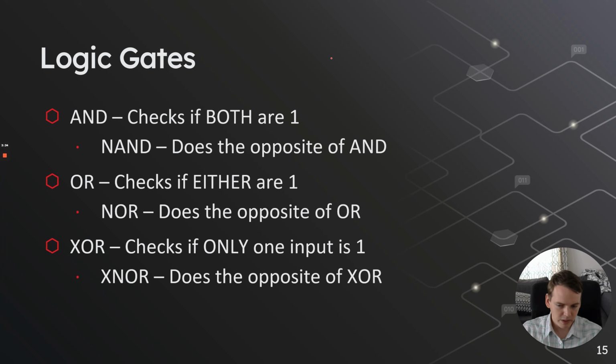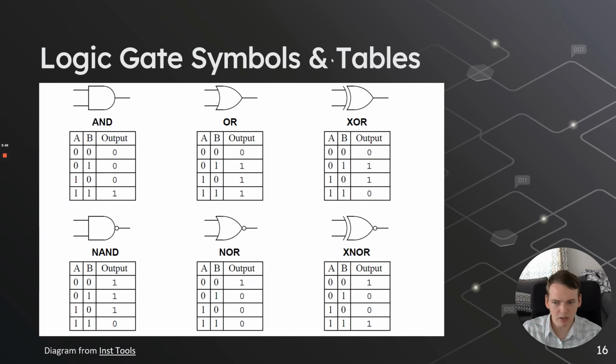And an XNOR gate, or a not exclusive OR gate, does the opposite of an XOR gate. It looks for the opposite situation of only one coming in. So that was a lot of potentially confusing wording, but this chart should help make sense of that.